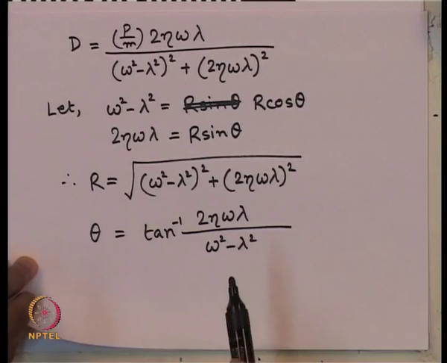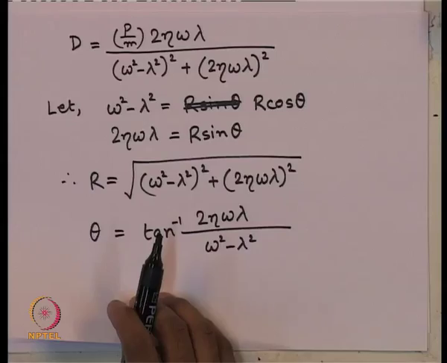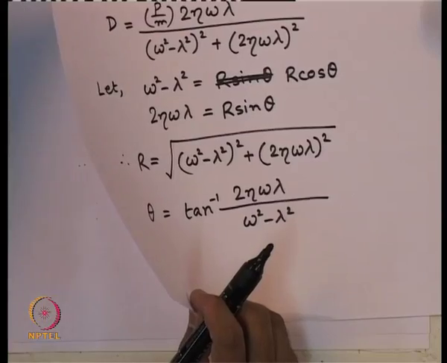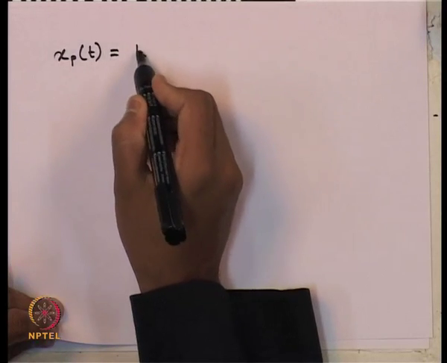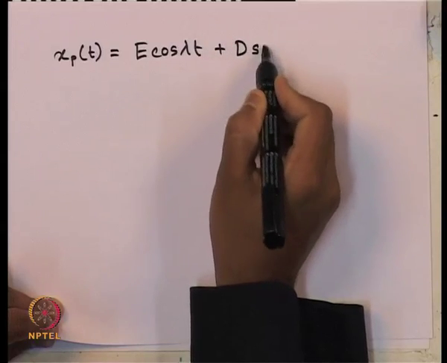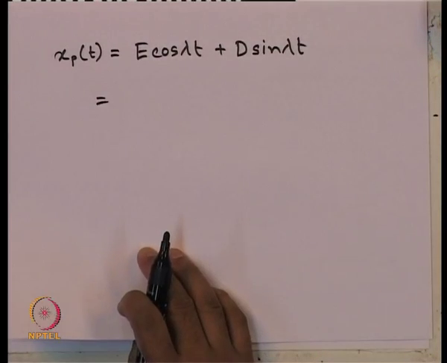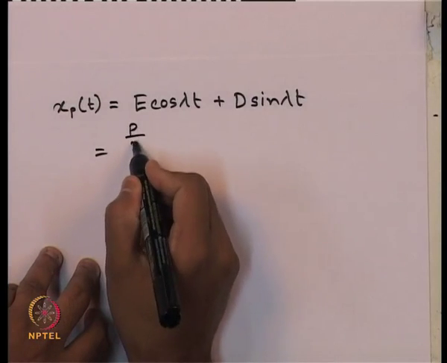So, if we simplify from the solution of x p of t, what we will get? Let me write down this first in terms of d and e parameters. So, our final solution is like this: x p t, we had assumed e cosine of lambda t plus d sine of lambda t. Now, e we got the expression is p by m.